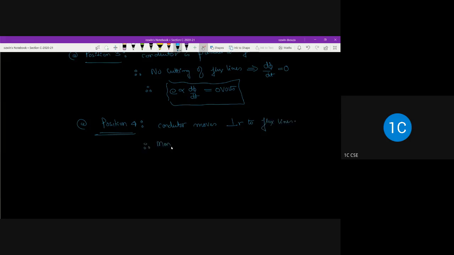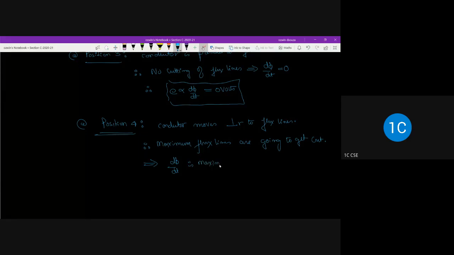Therefore maximum flux lines are going to get cut. That implies the rate of change of flux is maximum, and therefore the magnitude of E is Em. Here, E is equal to minus Em volts.